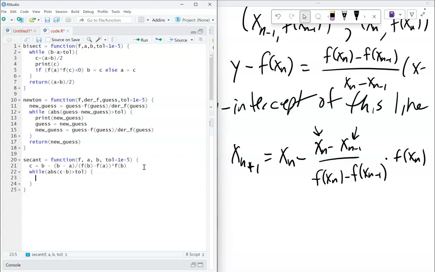Now, just so that we can see the numbers here, let's print the C just so that we can see the value that we're getting. Again, I want to compare a number of times through, so I'm just going to put that in there so that we can see how many steps it takes to converge. I want to replace the A with the C, essentially, right? But I want to make sure that I'm doing it each time.